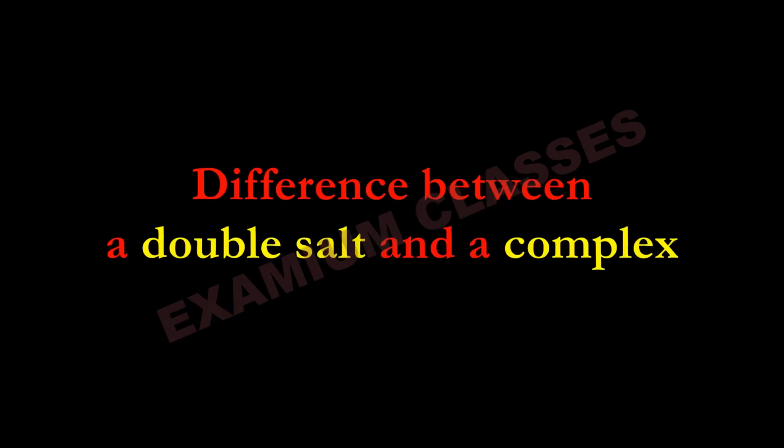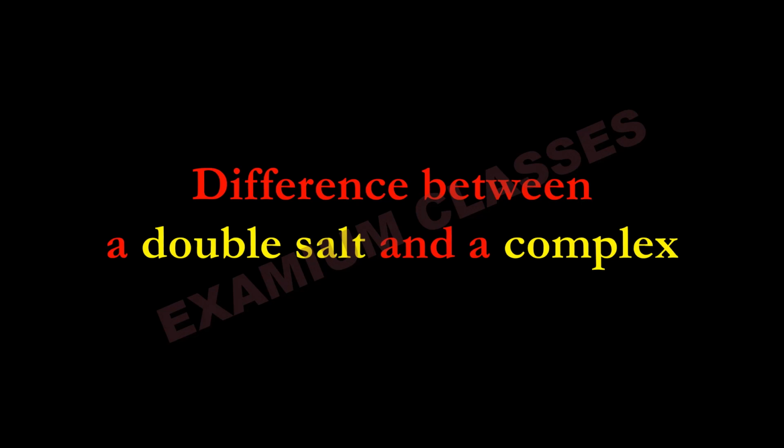Now, difference between double salt and a complex. Complex means coordination compound. What is the difference? By now you should have understood what is that peculiar part which makes the coordination compounds different from salts. The difference is that there are non-ionizable ions, and that's what I am explaining now. That's what the topic is.